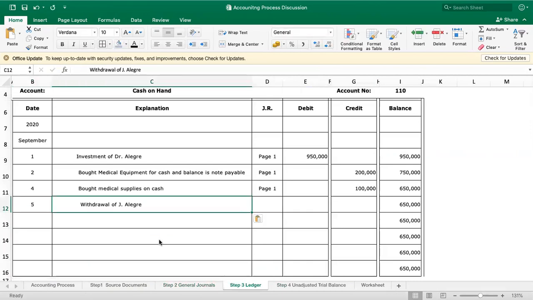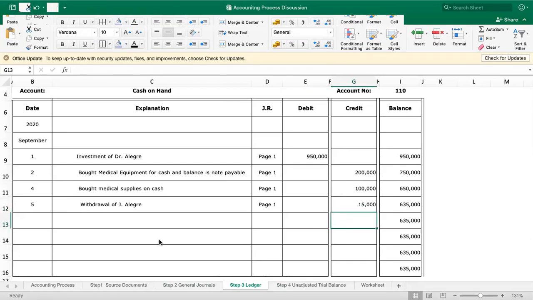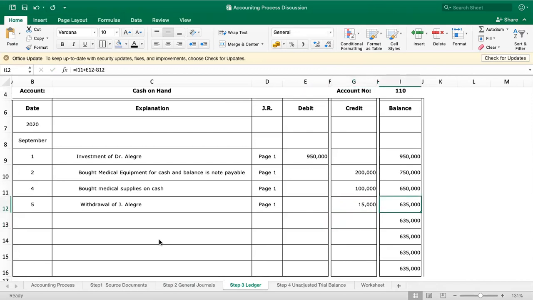The explanation is withdrawal of J. Alegre, page 1 of the journal, then credited 15,000. You need to be very careful. As of September 5, how much is left in your cash on hand balance? That's 635,000.